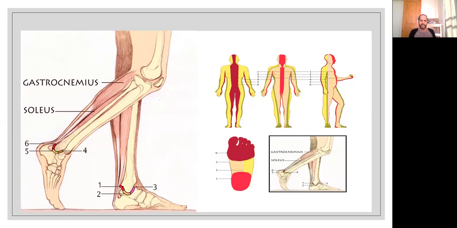As you can see, the zones here, which can have zone 1, zone 2, zone 3, okay? Here you have zone 4, 5, and 6. Here you have the images with the areas which they cover and which they treat. For example, zone number 1 is going to treat the area here that you can see in red, okay? The medial parts of the body.